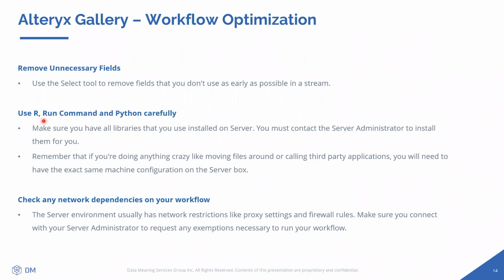Use the R, run command and Python tools carefully. You need to make sure that you have all the libraries that you used on your local Designer installed on the server. If you're not sure, you must contact the server administrator to install them for you. You just need to mention, I need this Python library, I need this R library to be installed on the server, and then they will be able to do that for you.